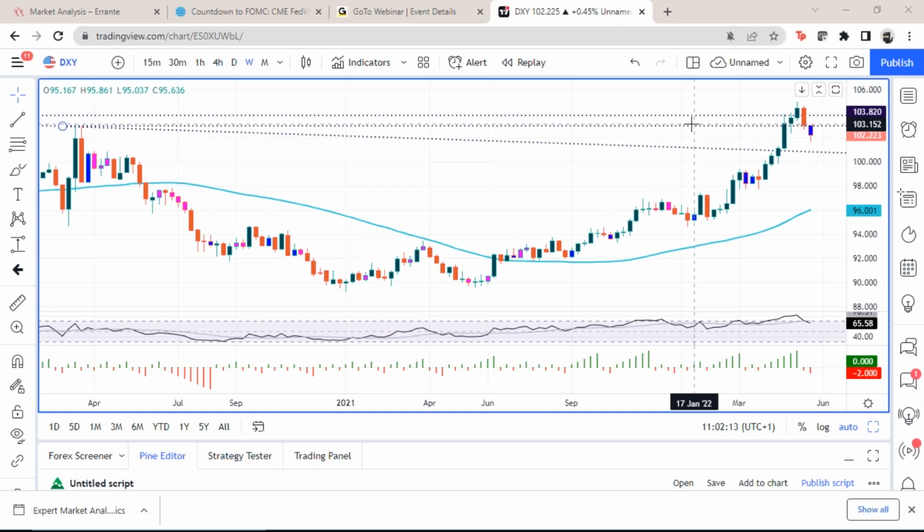And we can see on the chart here, the weekly DXY chart, the dollar was sold off most recently. So it had its worst week since early February, and it dropped for the first time in 7 weeks.